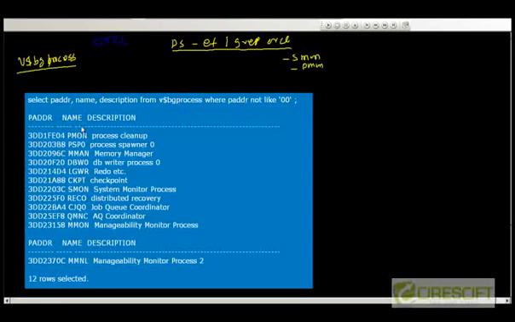That means I have 12 background processes running right now, like PMON, DBWR (the DB writer), and so on. If you do not give this condition, you will see maybe 145 rows, which means we can potentially configure all of these to run as database background processes. But in this case I configured only 12 of them.